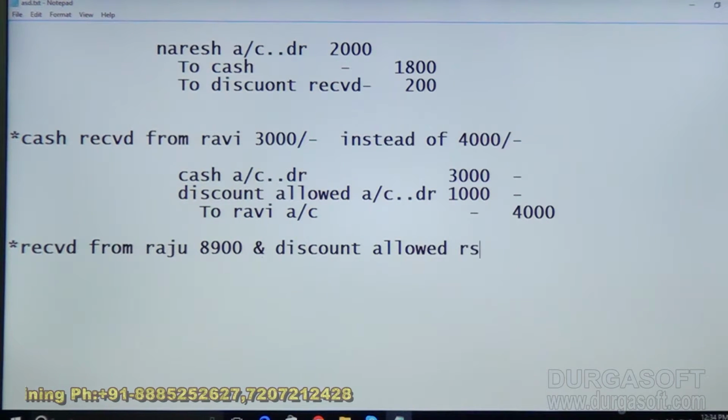How many rupees are you giving him as the discount? The discount is 100 rupees. So what is the entry here? We are receiving from Raju. What are we receiving? Cash.